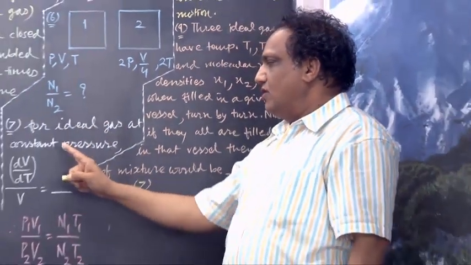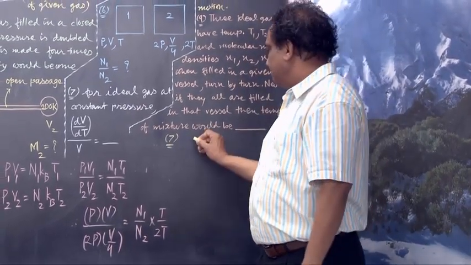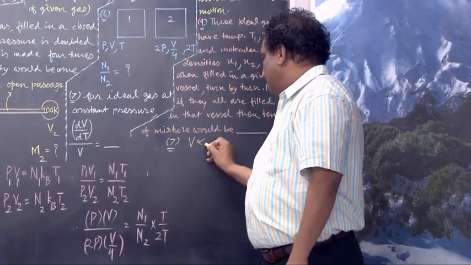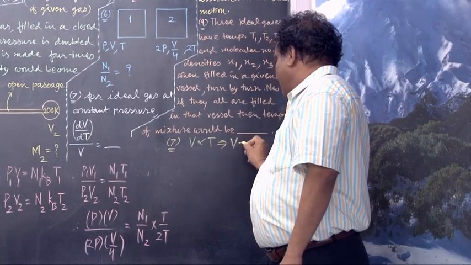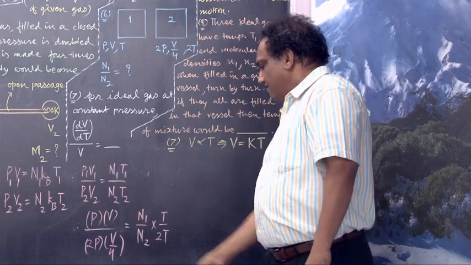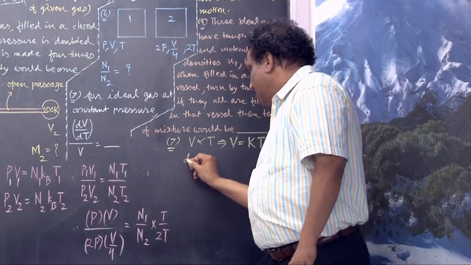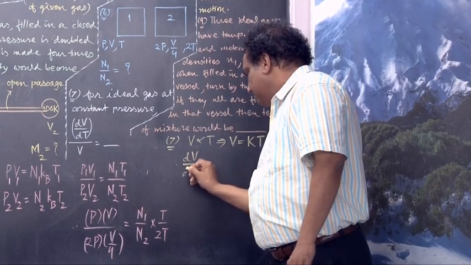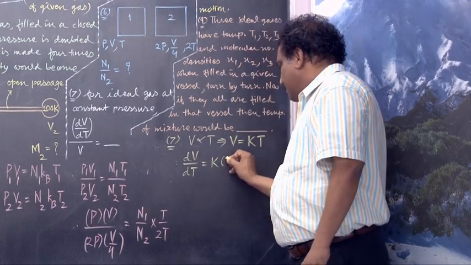For ideal gas at constant pressure, which law is obeyed? Charles law. V proportional to T. Implies that if you write proportionality constant capital K into T, differentiate on both the sides with respect to capital T. So it is dV upon dT. K is constant. d by dT of T is 1.